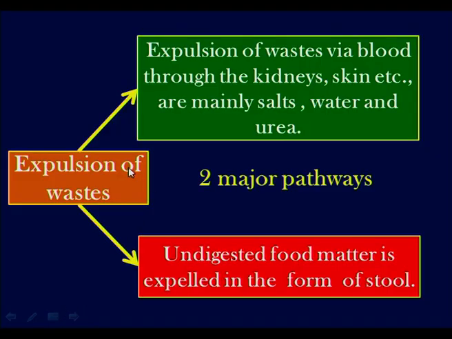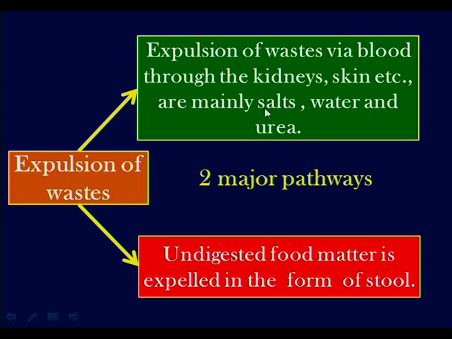Expulsion of waste materials to the outside occurs in two major pathways. One is expulsion of waste via blood through the kidneys, skin, etc. Mainly the excretory substances are excess salts, water and the nitrogenous metabolic waste, which is urea.